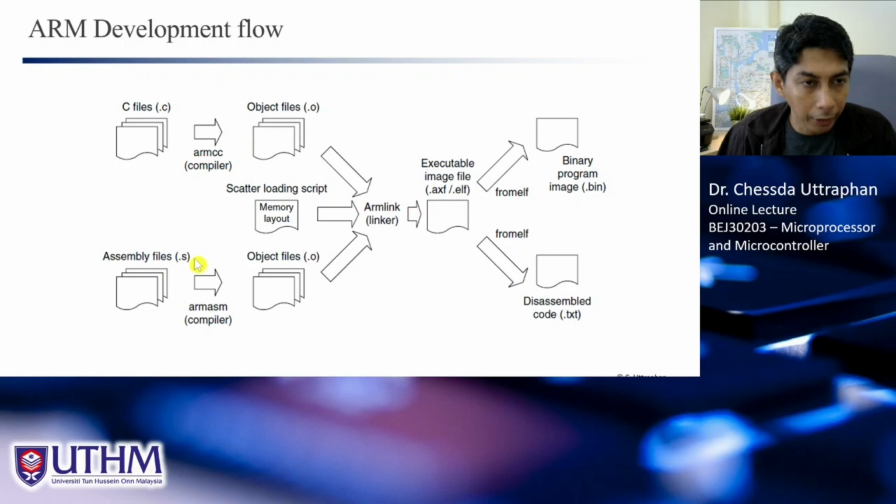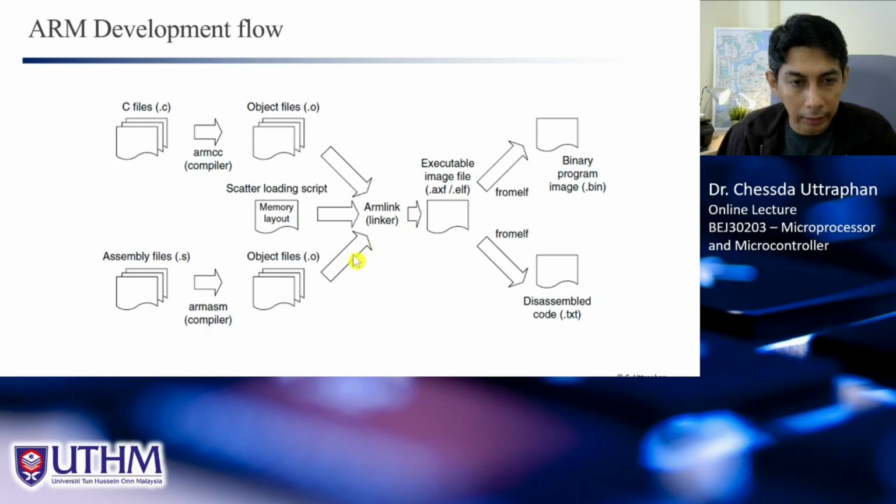And this compiler will convert the source file into what we call an object file, right? Whether you write a program in assembly or C, both will be converted to object file, right? Object file, and the compiler also has what we call a linker.